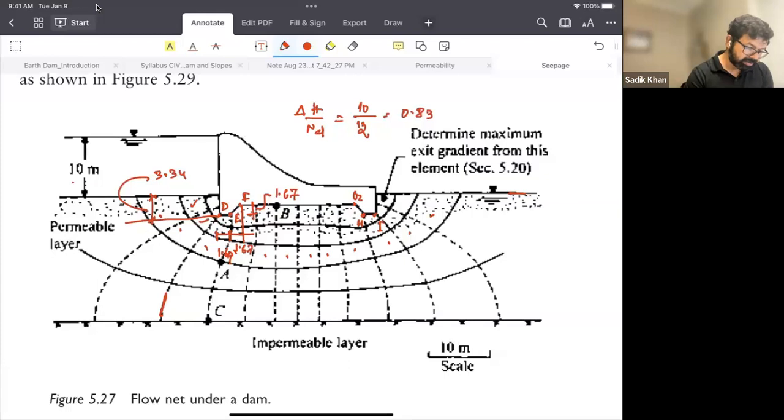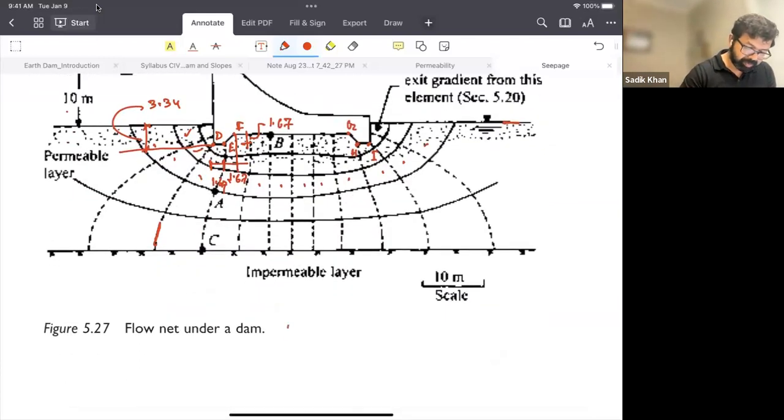Point D total head: 10 plus 3.34, which is 13.34, minus how many drops? 2 drops. So at point D, this is 10 plus 3.34, our total head, minus 2 drops, and each drop is 10 by 12. This is our point D.